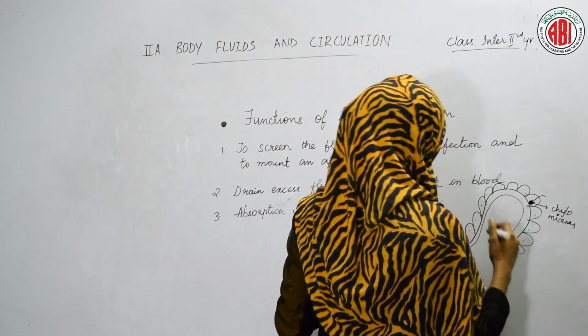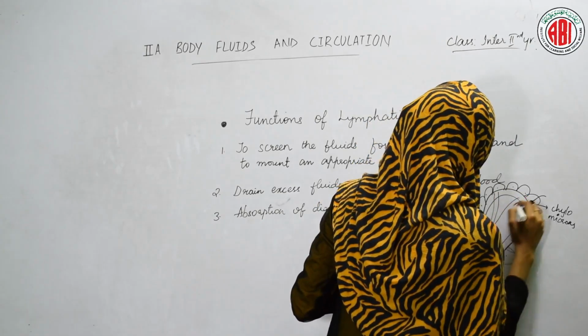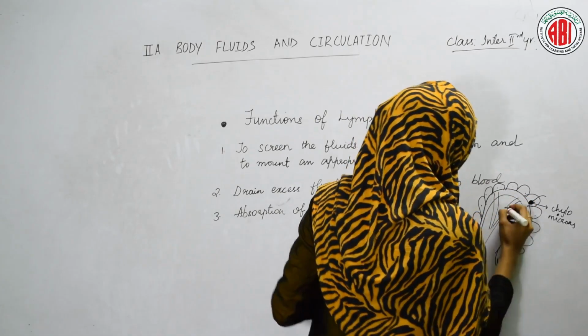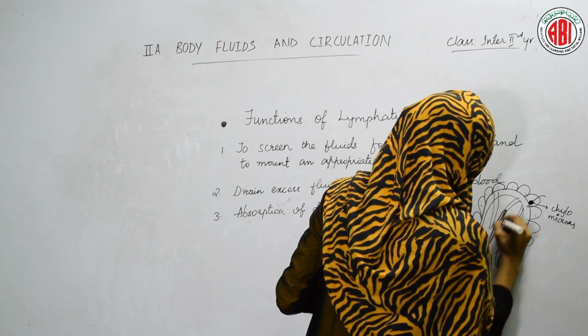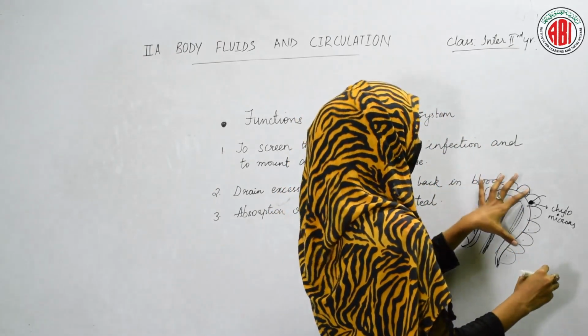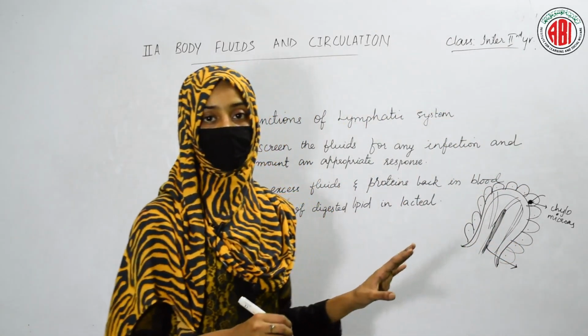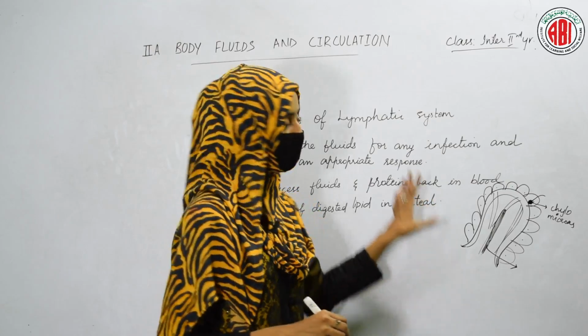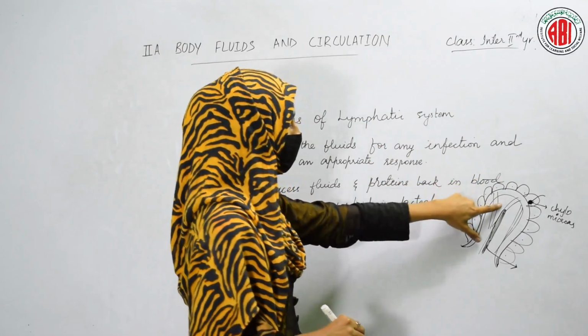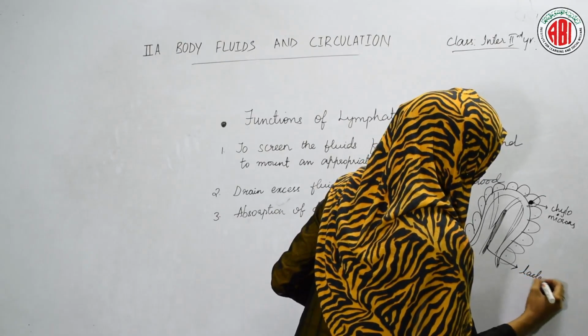If you see the internal structure of the villi, blood capillaries are present. Besides the blood capillary, a lymphatic vessel is also present in the villi of our small intestine. This lymph capillary present in the villi of our small intestine we name the lacteal.